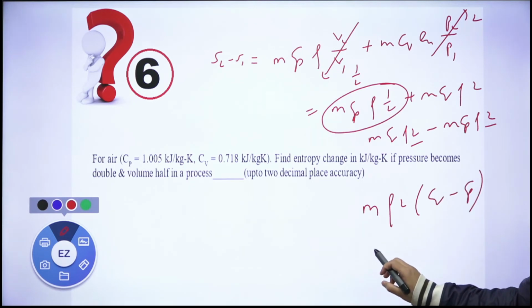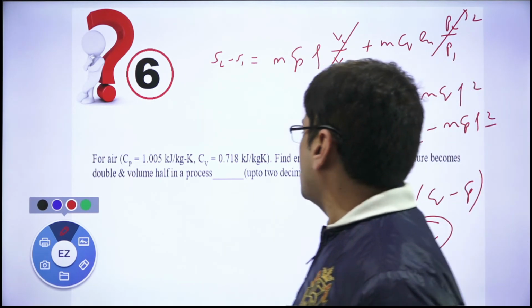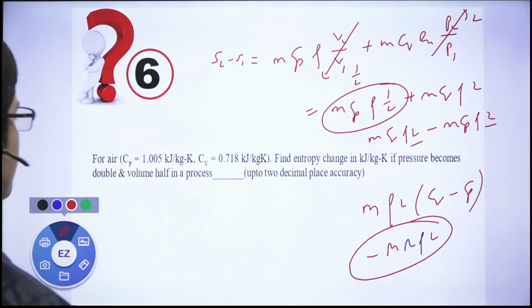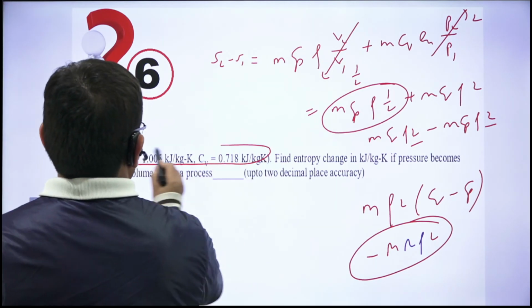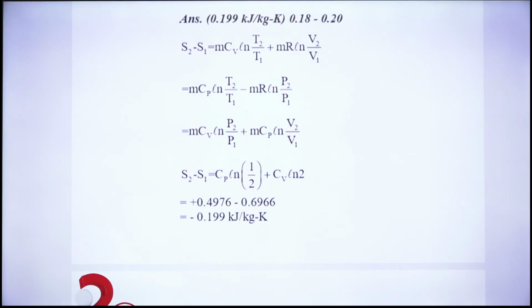You know that Cv minus Cp is equal to minus R, so minus mR log of 2. m is not given to us, so we need to find it per kg. R can be calculated from the difference of these two. So mR log of 2. Similar question, you can find it out, and the answer will be negative.